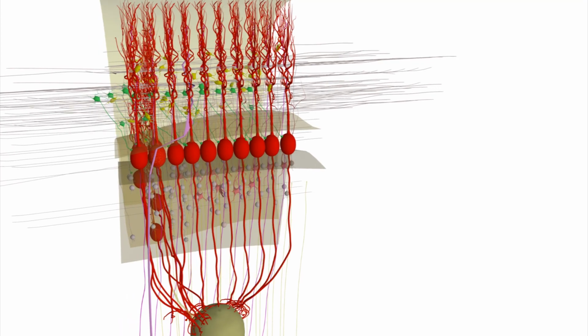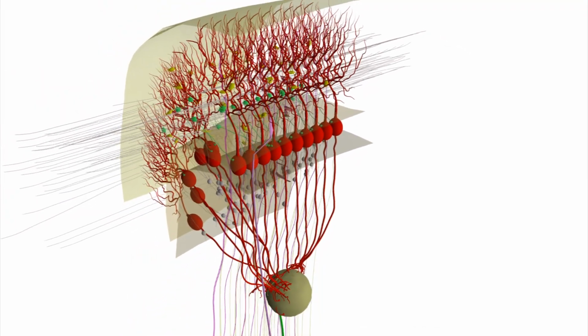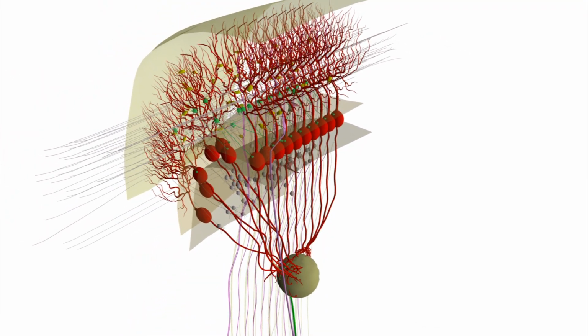Each individual functional unit is made up of one Purkinje cell as the central controller, which is fed information by climbing fibers, thousands of granular cells, and regulated by many interneurons.